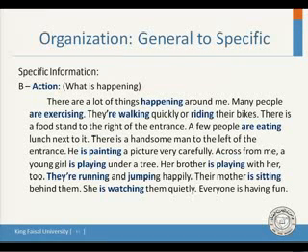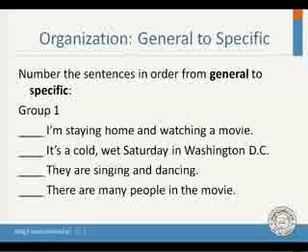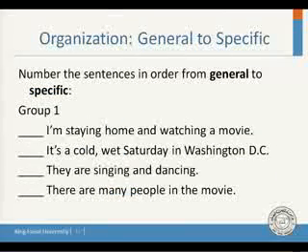And you can see that all the sentences are about the actions. What is happening around you? So in these 3 slides, we talked about organization from the general to the specific. Now, let's do an exercise on this.